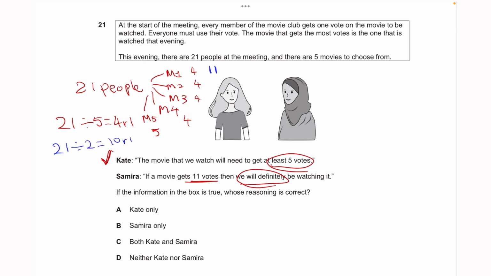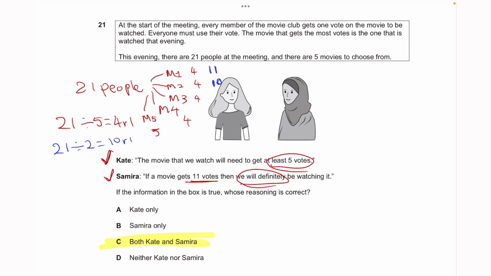And so if there were only 2 movies that people really wanted to watch out of the 5, the one who would have that one extra vote would be the winner. And in this case, for example, here would be movie 1. Because it's more than half, the majority would win. And so that means even Samira's reasoning is correct as well. And so whose reasoning is correct? Our answer to this is C. Both Kate and Samira's reasoning is correct.